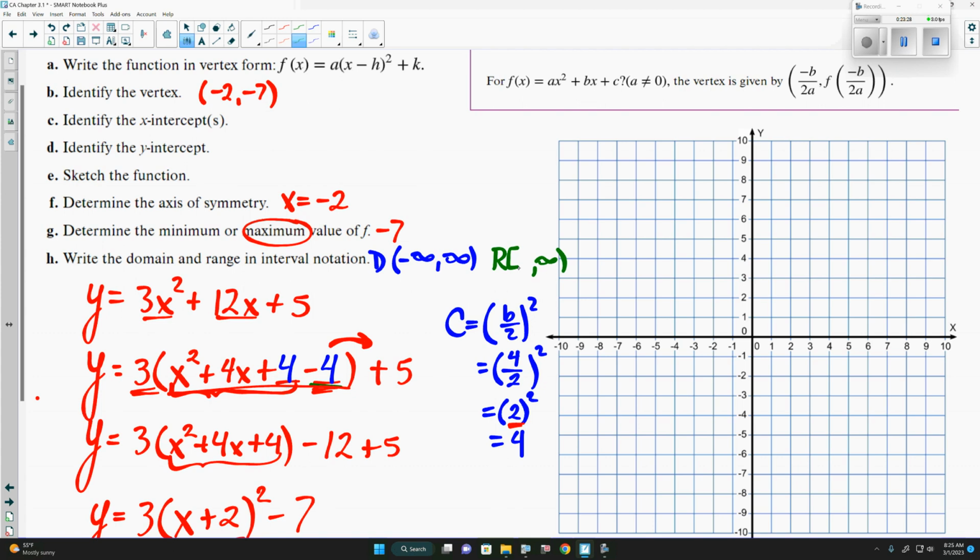And since we have a minimum, we will have a smaller value that we can actually reach, and the smaller value that we have is negative 7. It's our minimum value. So the range is going to go from negative 7 to infinity. So the range, when it opens up, is going from the minimum value to infinity. If it opens down, it's going from negative infinity to the maximum.